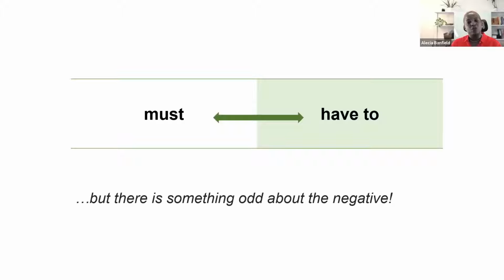But if you are talking about obligation in the past, then we have to use the verb phrase have to, which has the same meaning.